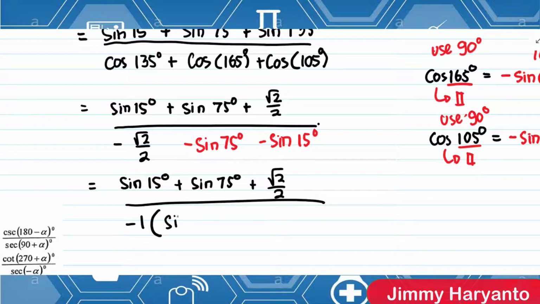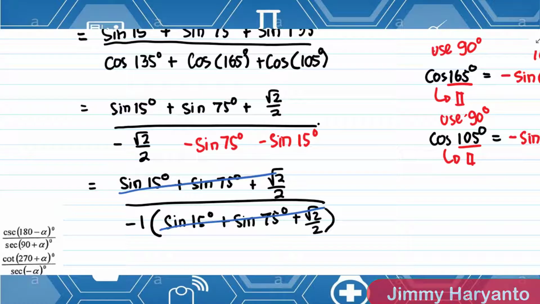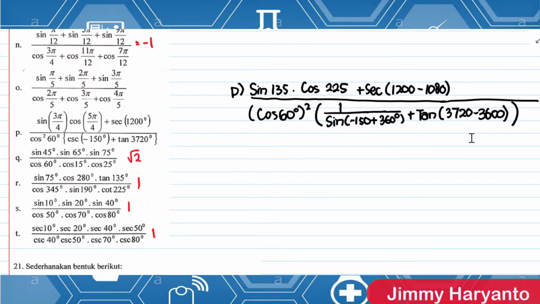I will arrange to be more similar with the top one, plus square root 2 over 2. Okay, and then as you know, the top one and the bottom one is the same, so I can cross out this, equals to negative 1. There you go.